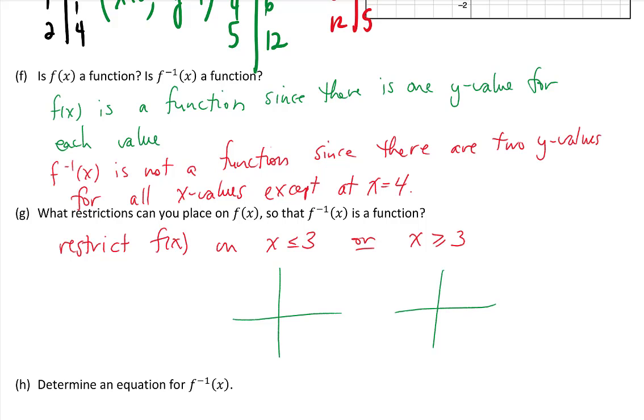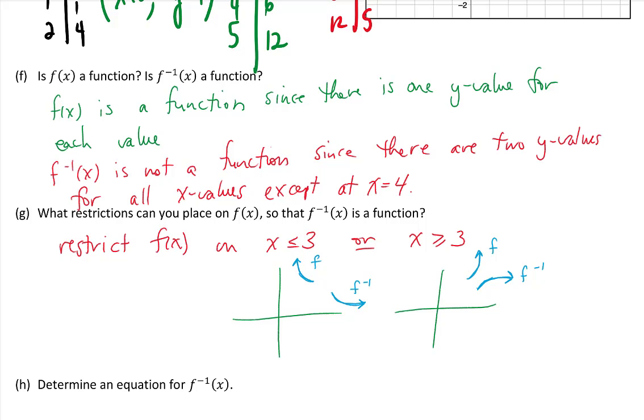If we choose less than or equal to 3, that's this half of the parabola, and that'll give you this inverse here. If we choose x greater than or equal to 3, that would be this half of the parabola, which would give you this inverse right here. So this would be your function, this would be your inverse. Again, this would be your function, this would be your inverse.